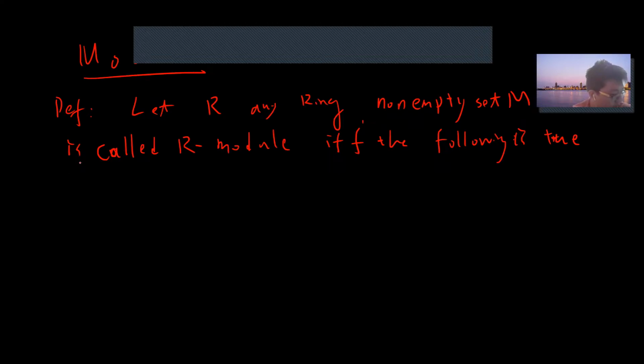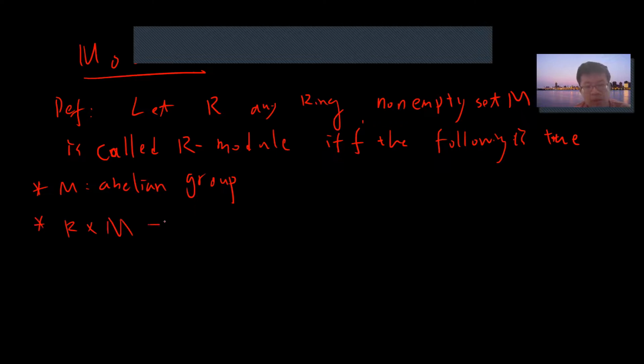The first is that M needs to be an abelian group, so you're pairing a ring and an abelian group. The second is that there is a map, R times M to M. Basically, you should view R as coefficients acting on M, so rm is well defined in M. If you choose R to be a field, then this is just a vector space.